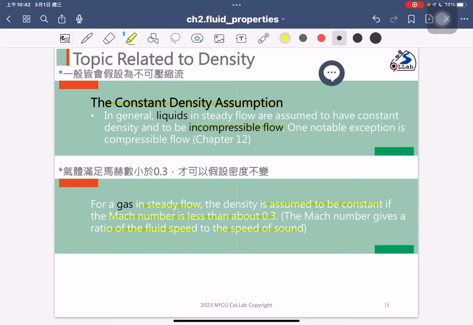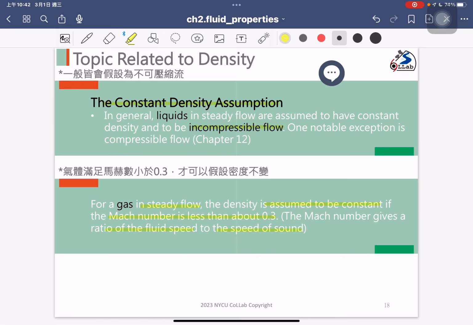Okay, so this slide just summarizes that we can assume incompressible flow for all fluids, especially water. But for gas, you should consider whether your condition is valid. One condition you should satisfy is that the Mach number is less than 0.3.